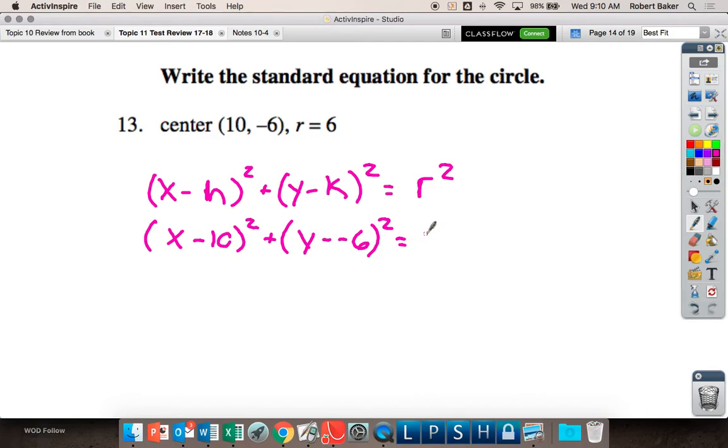R squared. So what is 6 squared? And then clean this double negative up and make that a positive. So you get x minus 10 squared plus y plus 6 squared equals 36. If you're looking for that answer choice at the bottom of your paper.